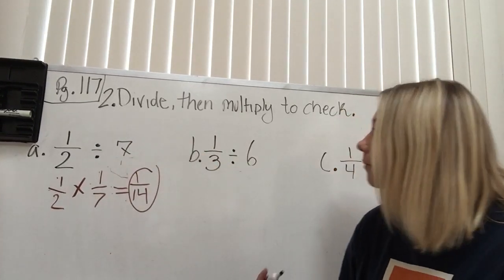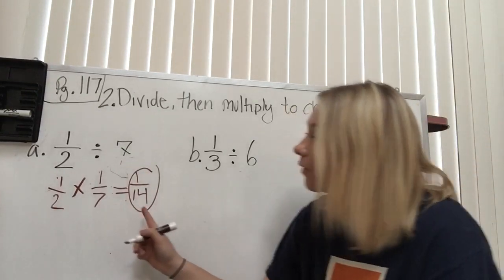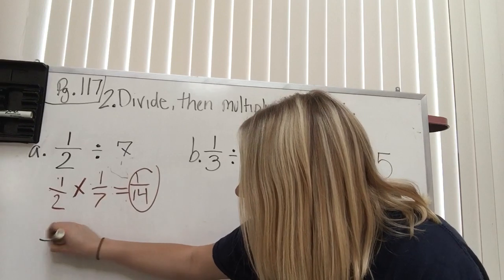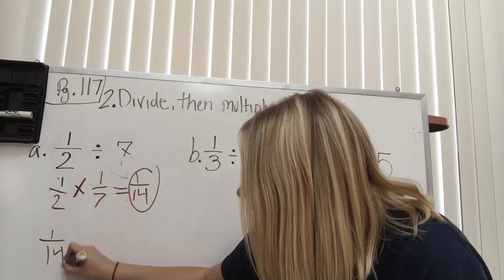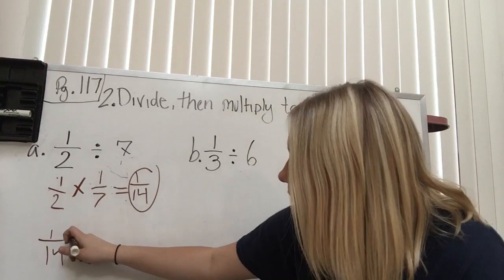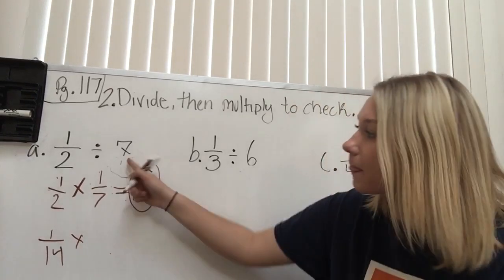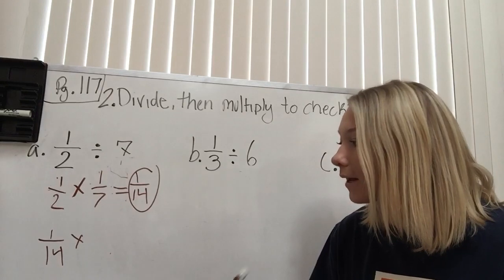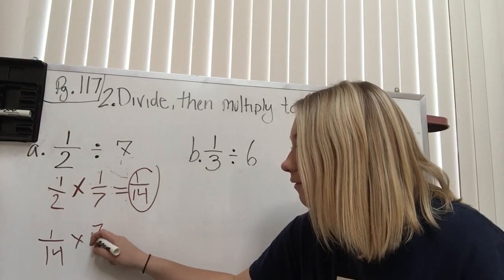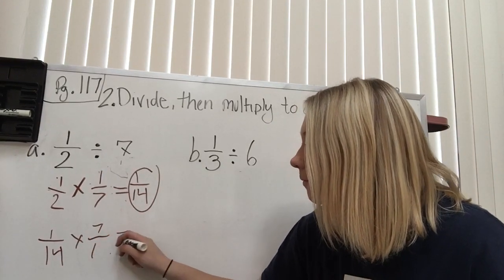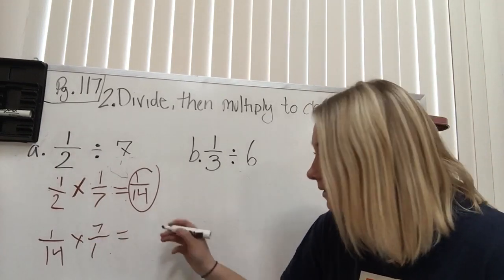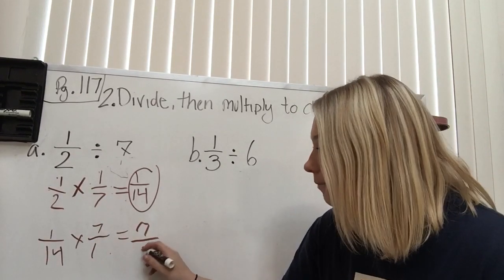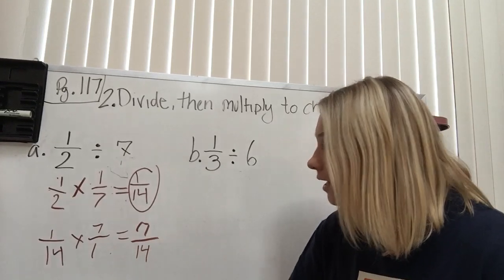And now I check my answer by multiplying. So I take my product, 1/14, and I multiply it by our second factor. What did we multiply it by? We multiplied it by 7, or 7 over 1. 1 times 7 is 7, and 14 times 1 is 14.